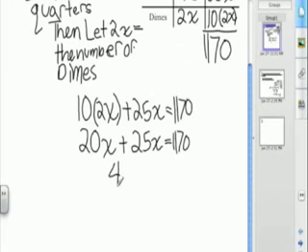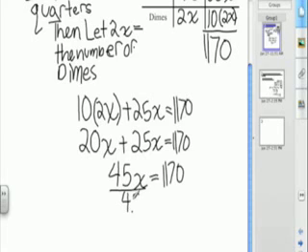Then we add 20x and 25x, which will equal 45x, equals 1,170. Then, to eliminate the x, we have to divide both sides by 45. So 45x divided by 45 equals x, and 1,170 divided by 45 equals 26.